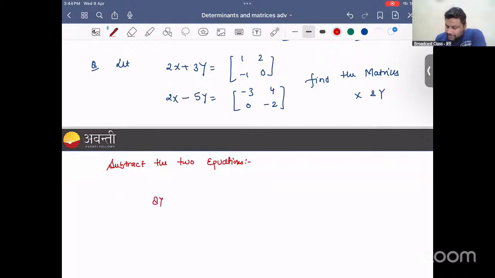On the left side you get 8y. On the right side you subtract these two matrices, so it is 1 minus minus 3, subtraction of corresponding entries: 2 minus 4, 1 minus 0, 0 minus minus 2. So it came to 4, minus 2, minus 1, and this will be 2.